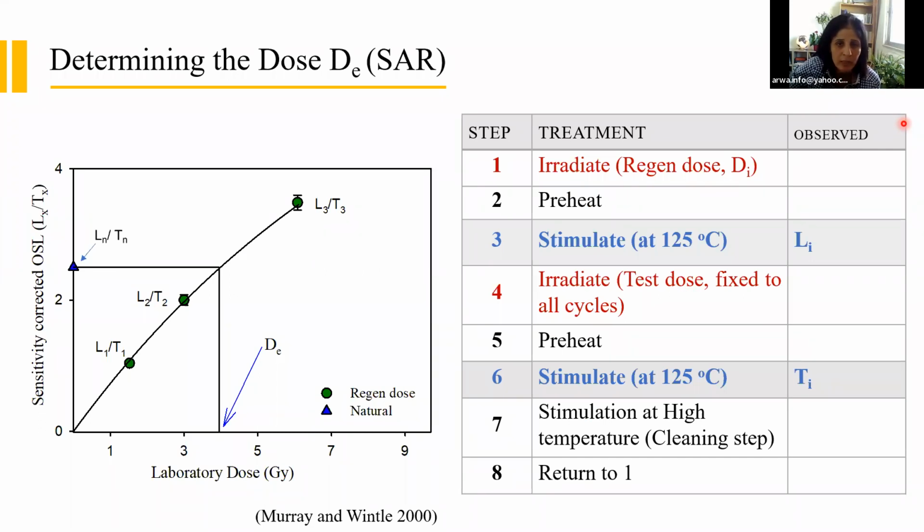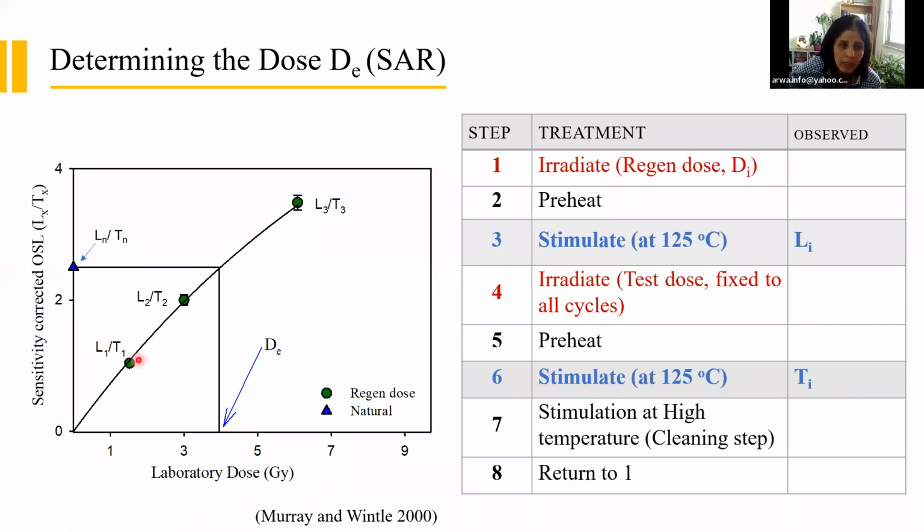In this procedure, we measure the luminescence response to a fixed dose. That means incorporating another irradiation dose, but this time it is fixed, not an additive dose. And we use it to correct the luminescence signal, the natural or the regeneration dose, to this dose. As you see in this plot, we have three regeneration doses.